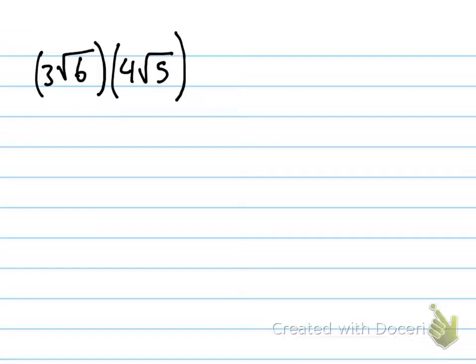So what we're going to focus on here is the fact that we have 3 times 4. And then what we're going to write next is the square root of 6 times the square root of 5. So we're going to write square root of 6 times 5. This is what the property tells us we can do.